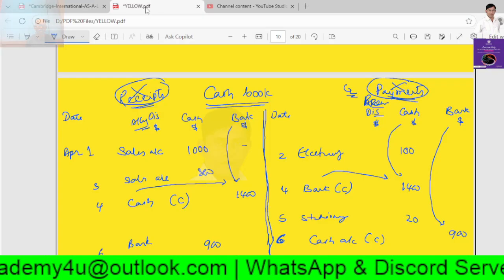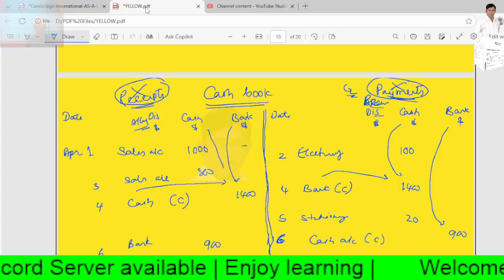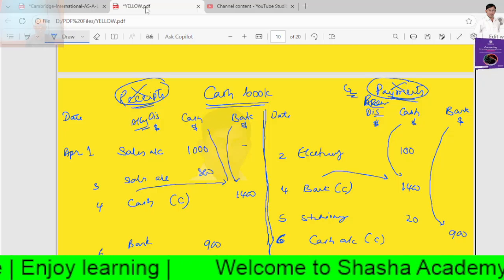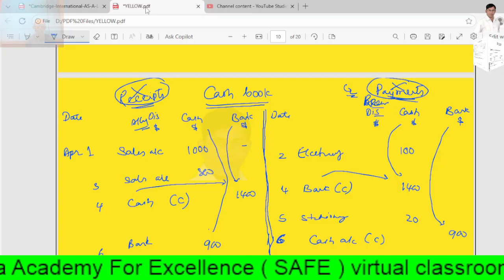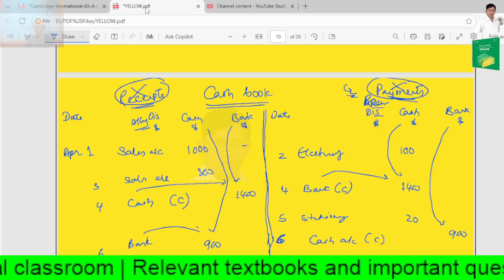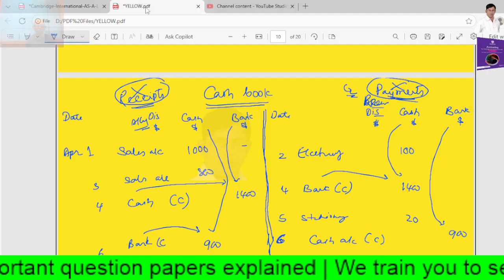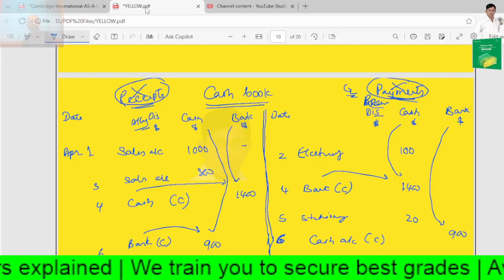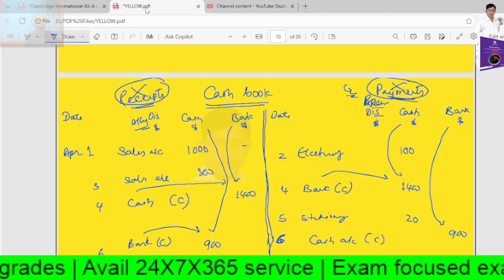Be careful: against this you again write contra. Why? Because it is hitting cash on one account and bank on the other account.